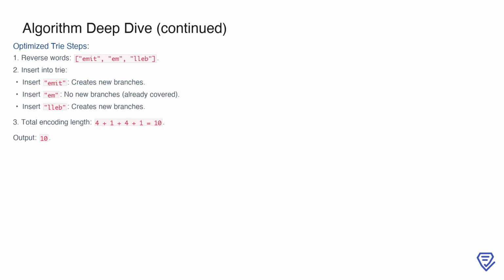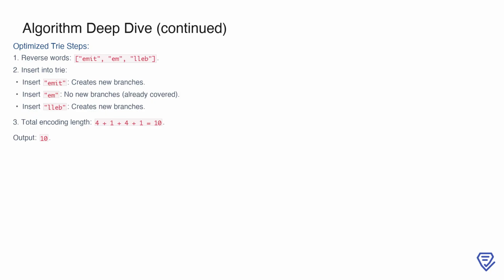Now, applying the optimized tree-based solution to the same input, we first reverse the words, resulting in words equals emit, em, leb. We then insert these reversed words into the tree. Inserting emit creates new branches, contributing to the encoding length. When inserting em, no new branches are created, as it is already covered by the emit path.